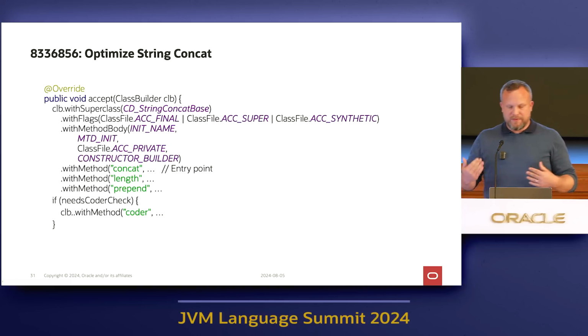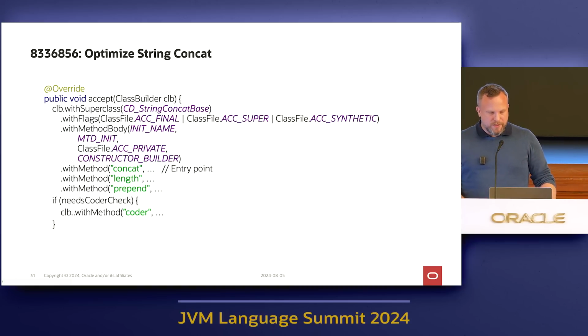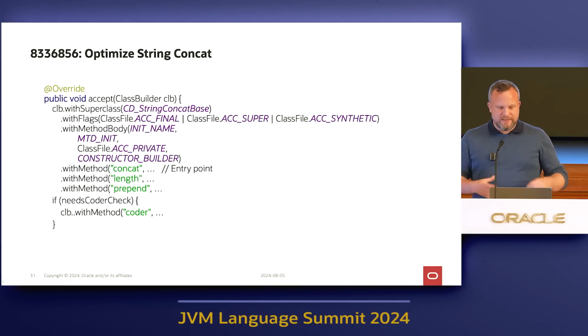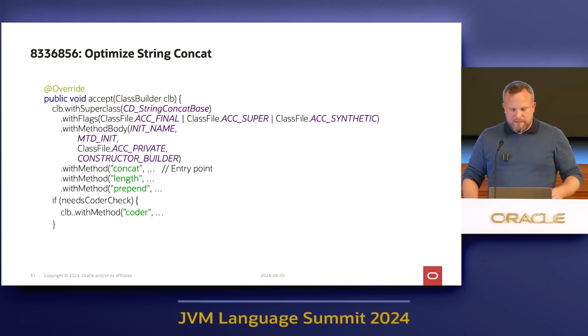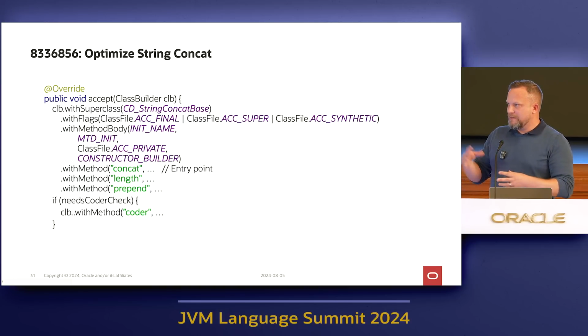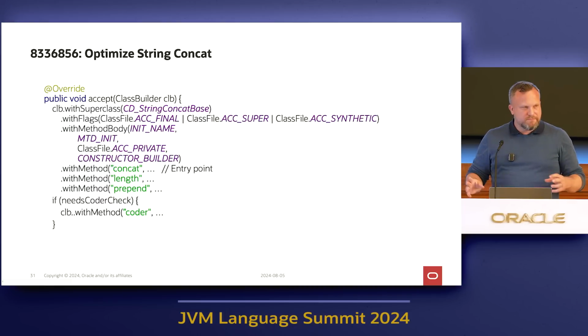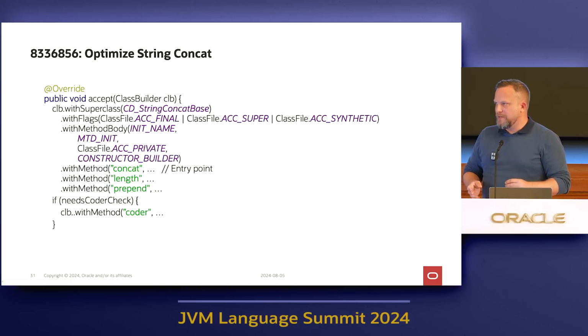We prototyped quite a lot, experimenting with moving as much as possible to a shared base class, the string concat base class, and now we're at the point where we're micro optimizing this, splitting apart the concat code into a method to calculate length and a method to do all the prepends, because that sits more nicely with the JIT.